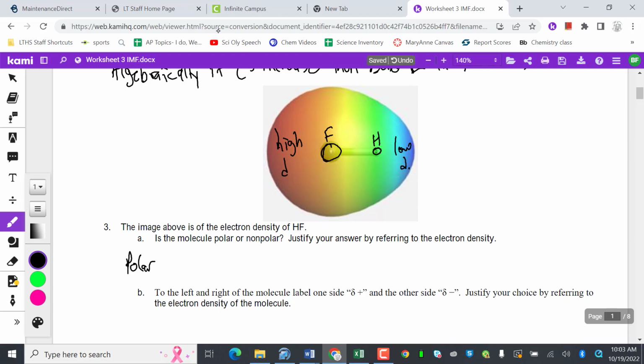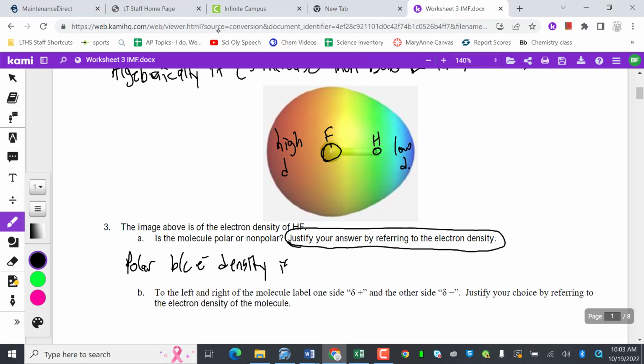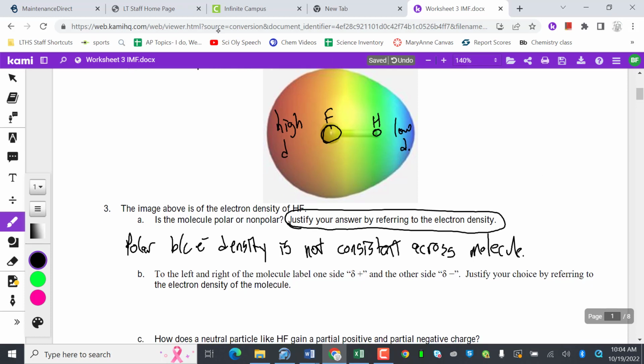Polar, because electron density is not consistent across the molecule. To the left and right of the molecule, label one side delta positive and the other side delta negative.